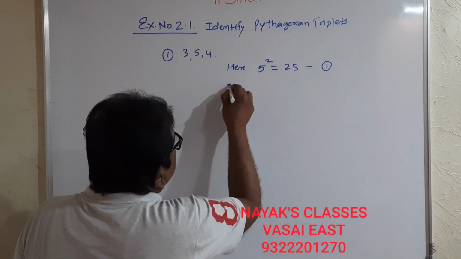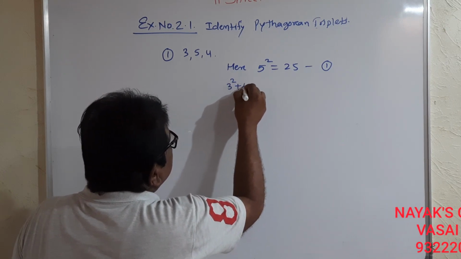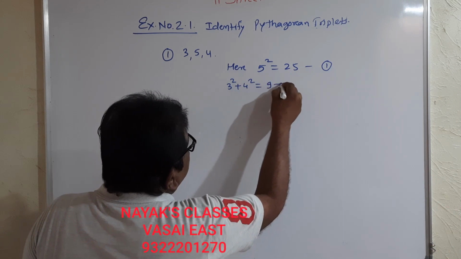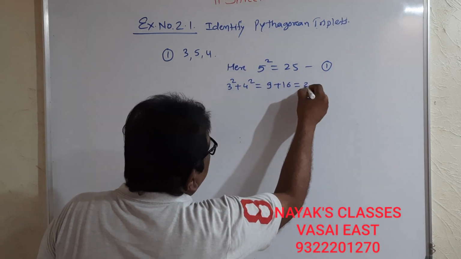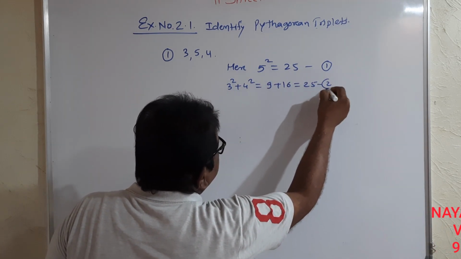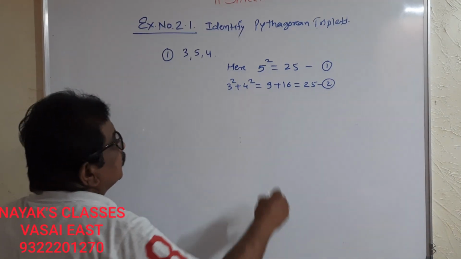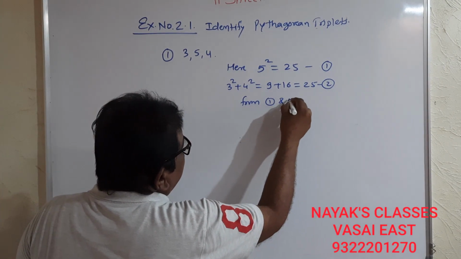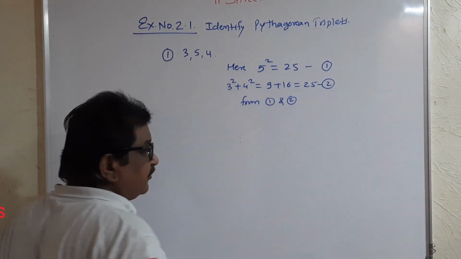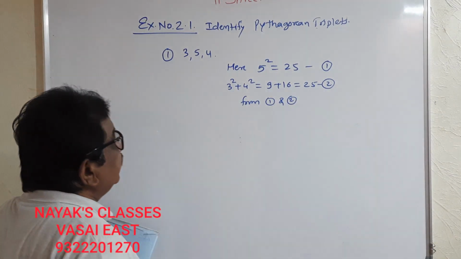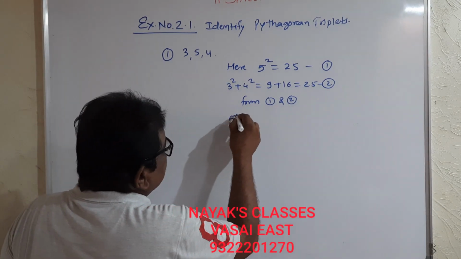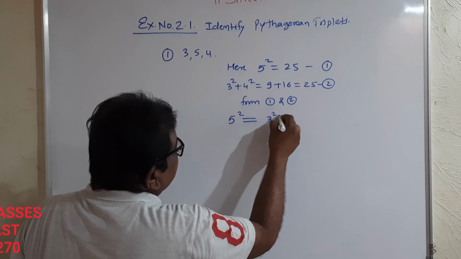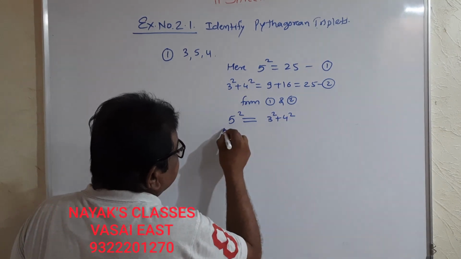Next, 3 square plus 4 square is equal to 9 plus 16, which is again 25. So from statements 1 and 2, we can see 5 square is equal to 3 square plus 4 square.